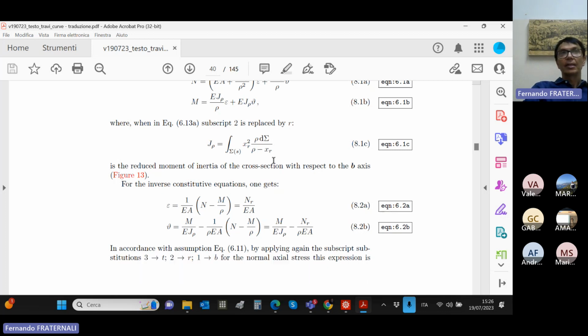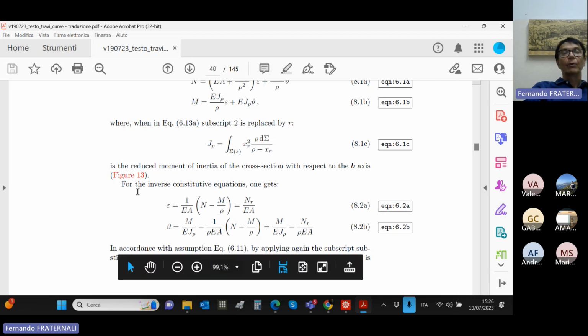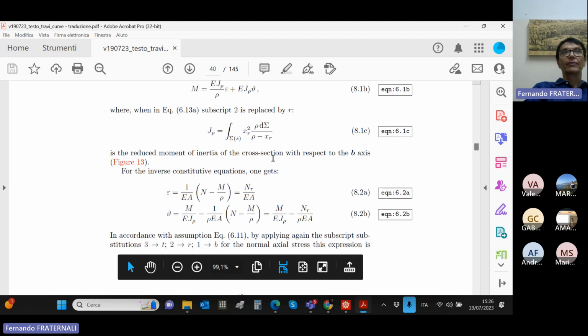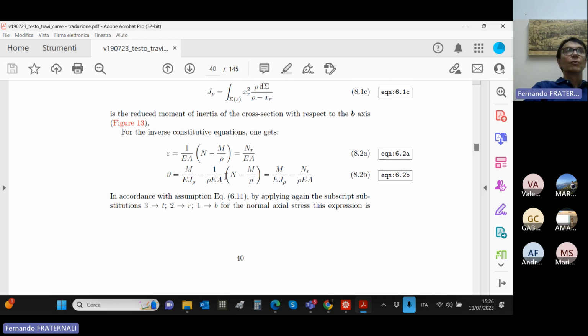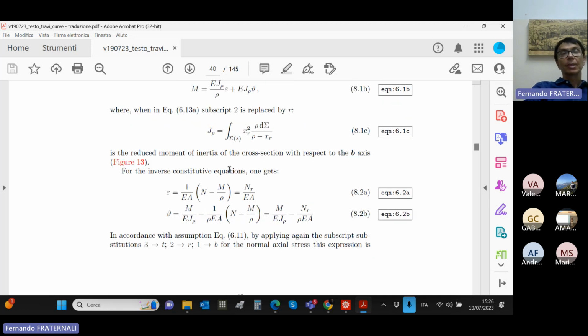While in the theory that we are discussing today, we have these more exact constitutive equations accounting for finite curvature.